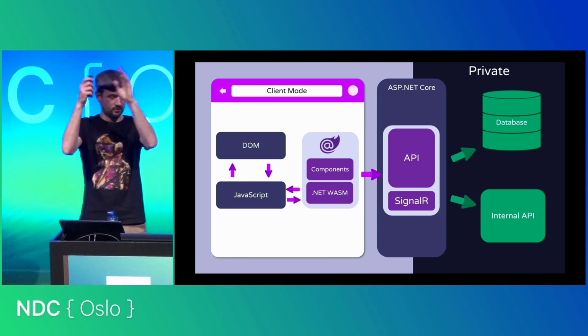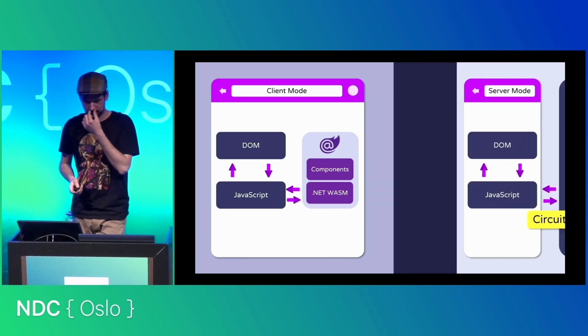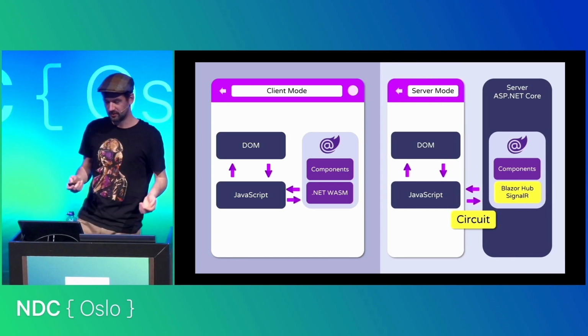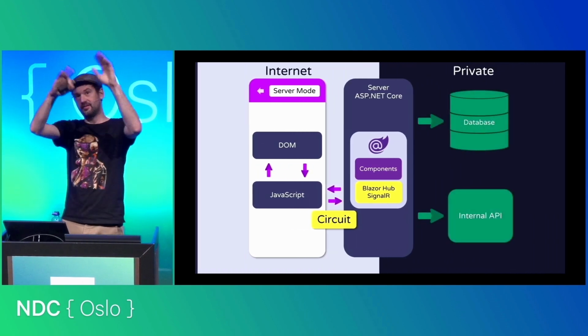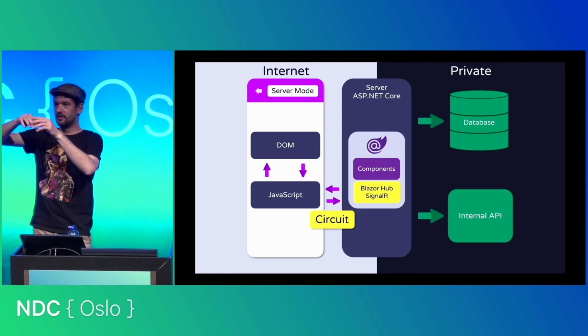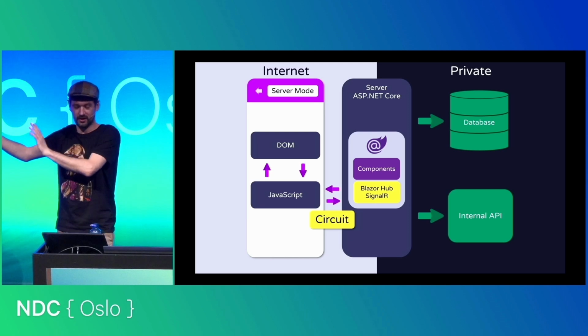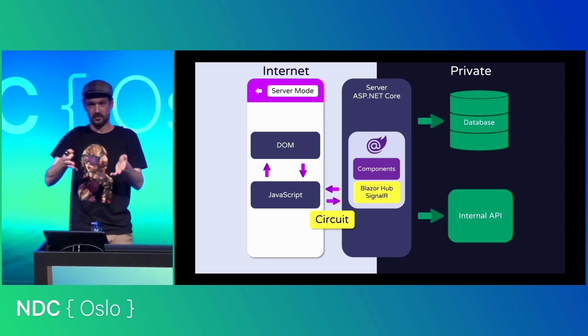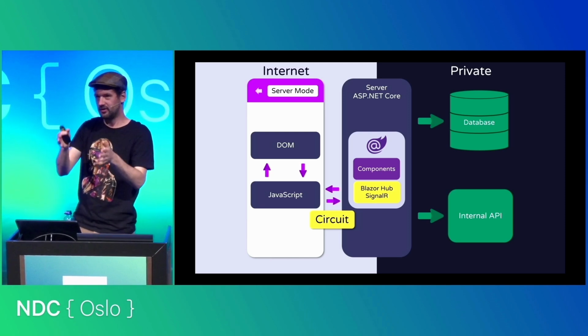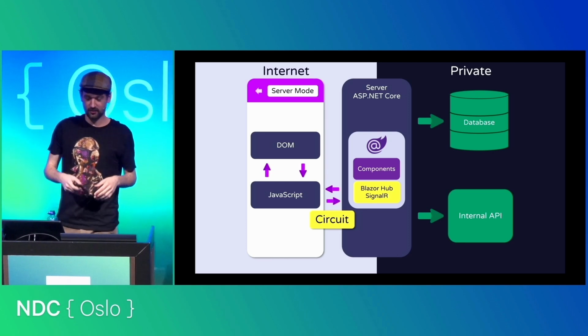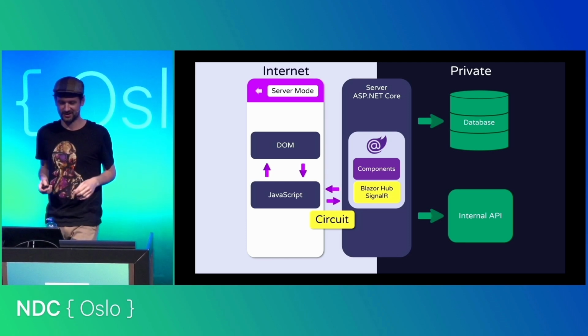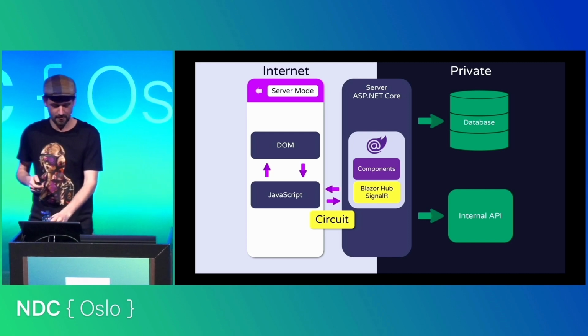So it's some extra infrastructure which we need. In server mode, because everything runs on the server, we can connect directly to a database or internal APIs, as we are already in a private, safe environment. I think that is one of the coolest features of Blazor.